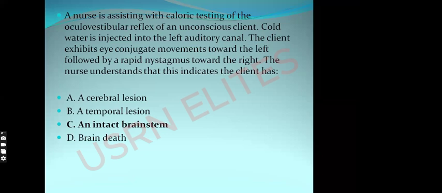Intact brainstem reflex. Yes. So this is one of the brainstem reflexes, when you want to assess whether someone is brain dead. You just pour some cold water into a syringe, then you shoot it into the inner ear of the client.